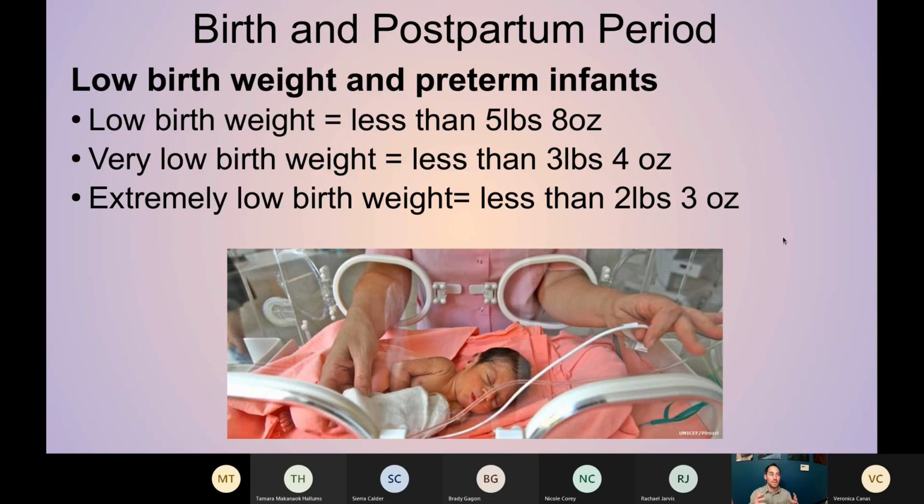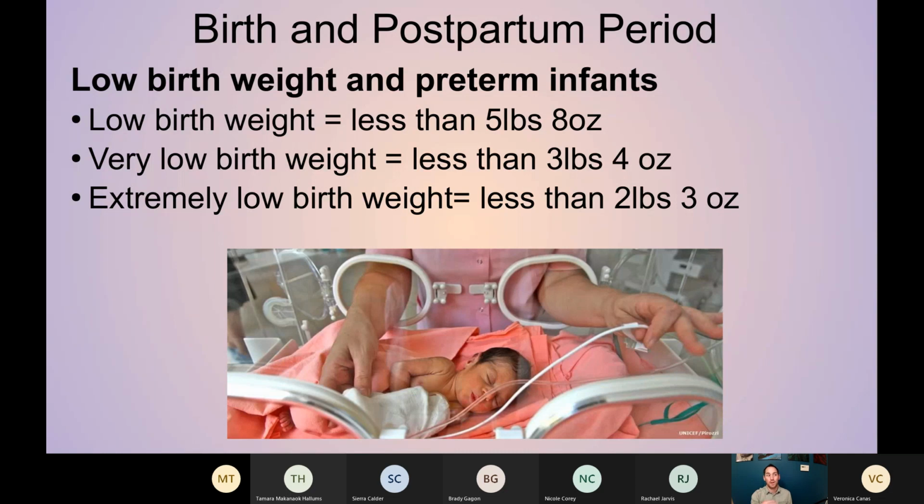A lot of times preterm infants and low birth weight coincide. Kind of like the earlier it's born, the lower it's going to weigh, because it's really in those last couple months and even weeks of development in the womb that the baby is putting on a lot of weight, finishing up the development of certain features and organs and things like that.